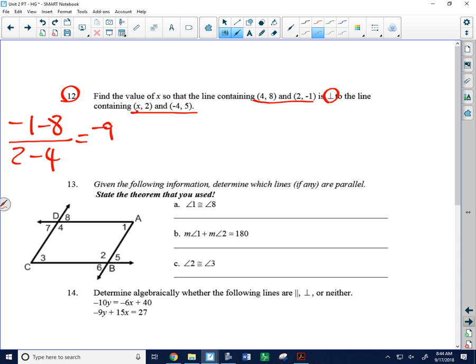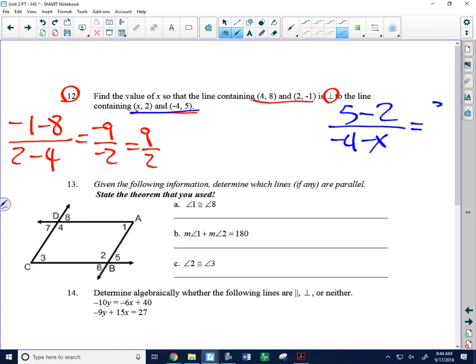So that's negative 9 over negative 2, which will be positive 9 halves. Then let's do this one. y2 minus y1: 5 minus 2 over negative 4 minus x. And so you get 3 here, and then this is just negative 4 minus x.